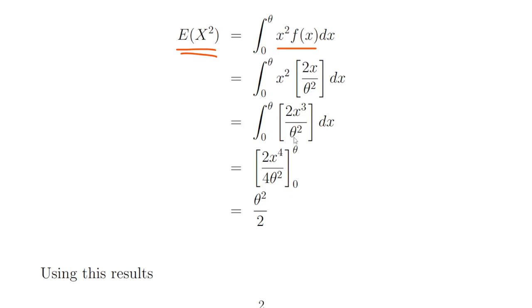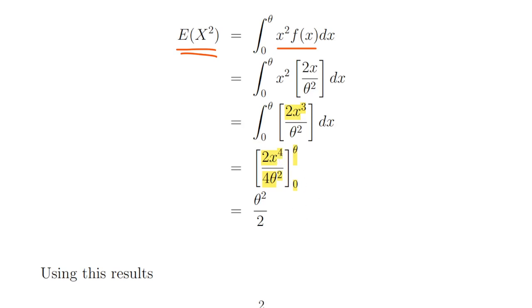We can treat theta squared as a constant and look at 2x cubed, and when we integrate 2x cubed, we get 2x to the power of 4 divided by 4. Then we have theta squared there, and it's a definite integral from 0 to theta. So we evaluate it at both theta and 0. When we evaluate it at 0, 2x to the power of 4 is 2 times 0 to the power of 4, so the whole thing becomes 0.